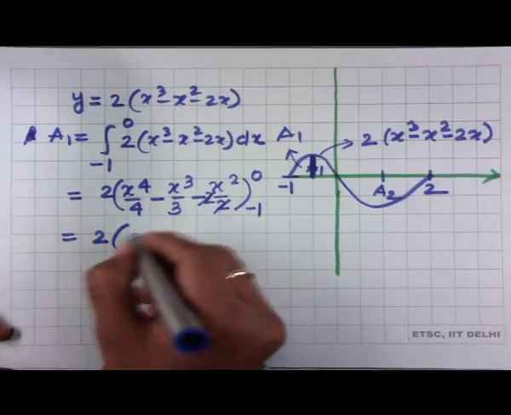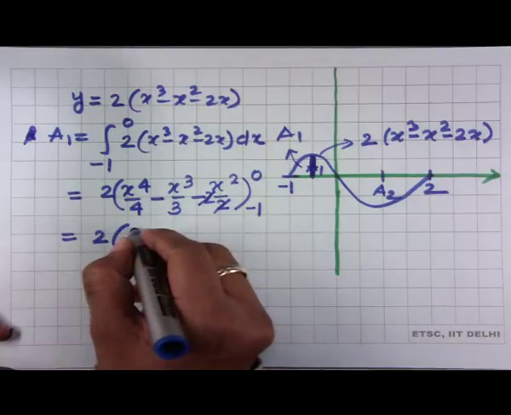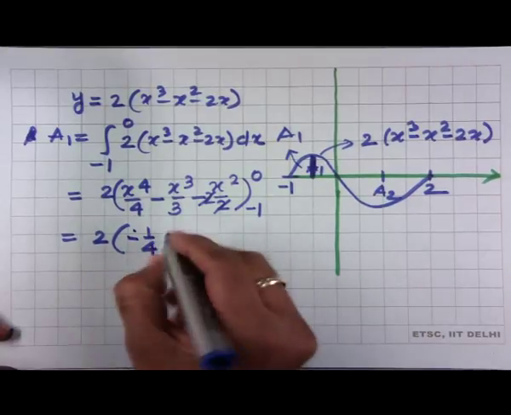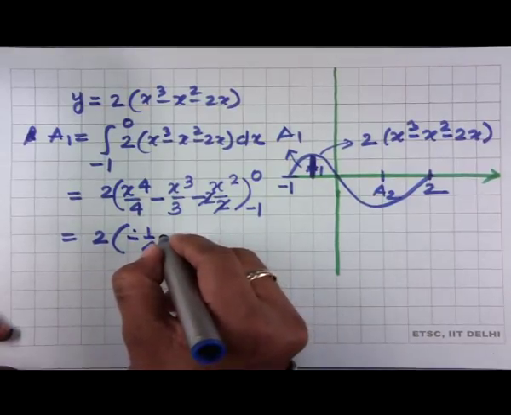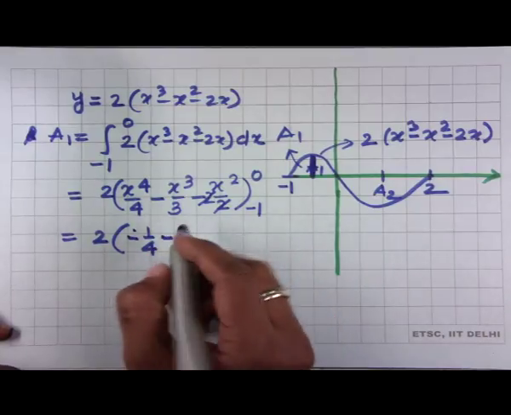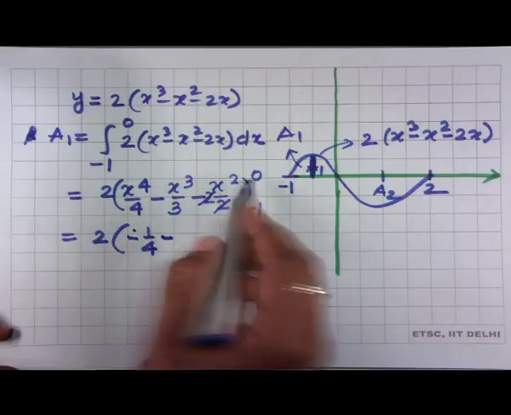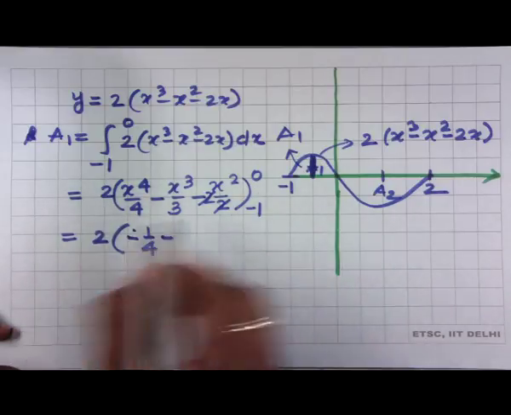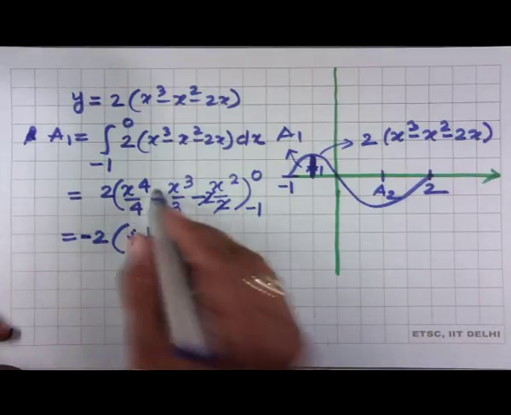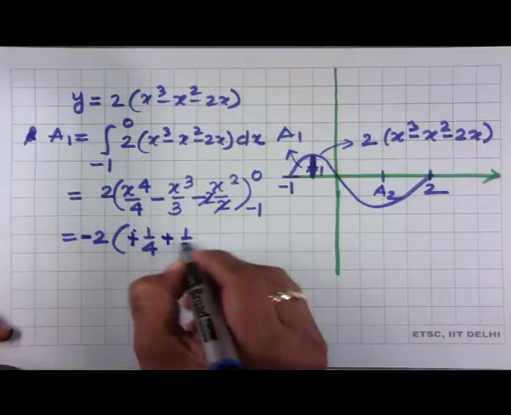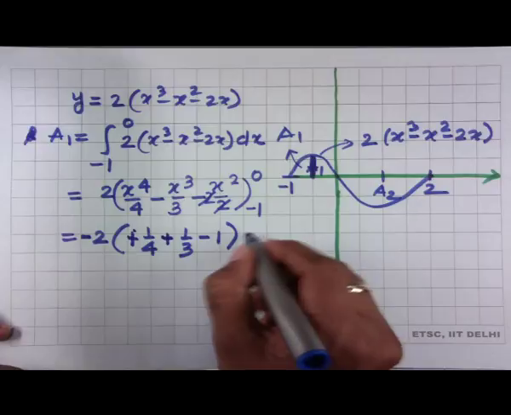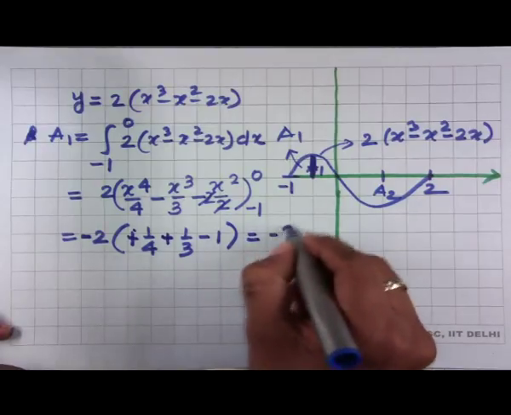So, you get 0 minus 1 by 4, then minus, okay, at 0 it will be 0. So, I have to put minus of, then this value, so this is plus, and then this will be 1 by 3 and then this will be minus 1.